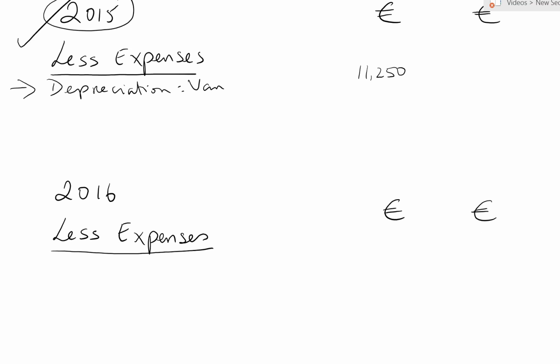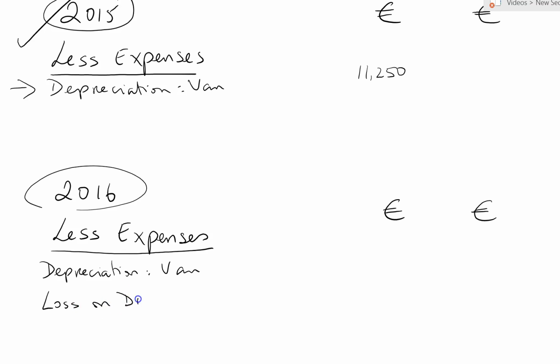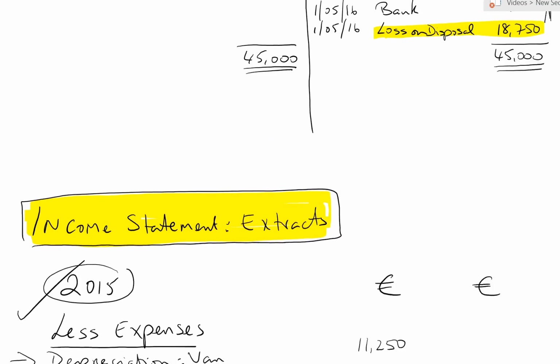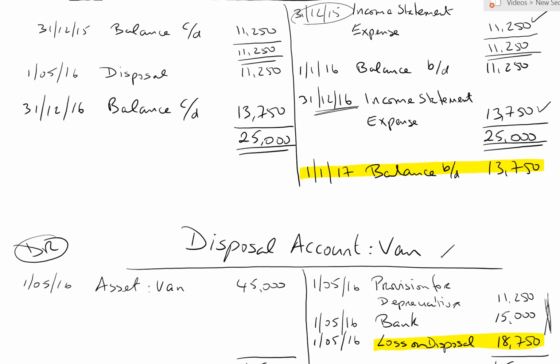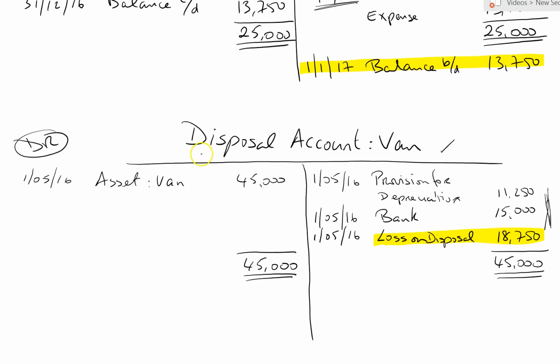Now moving down to 2016, I'm going to put my expenses in here. So I'm going to have depreciation on the van, but I'm also going to have loss on disposal. Now I have both those figures, so if I go back up, I can see for 2016, there is my depreciation figure. And if I go down here, in my disposal account, there is my loss on disposal, 18,750.